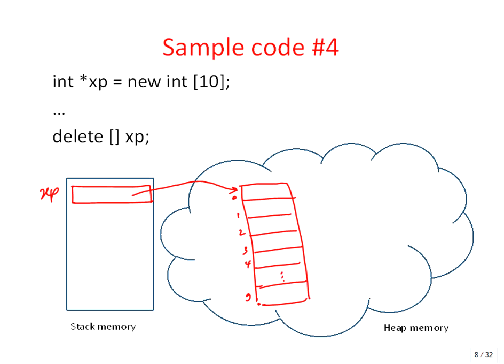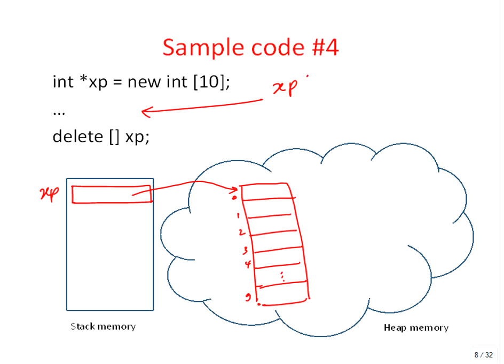Okay, so how do we access a particular item in the array? Well, this is just like a regular array. That's the amazing thing about these pointers, it makes it so easy to use. At this point, XP works just like an array.